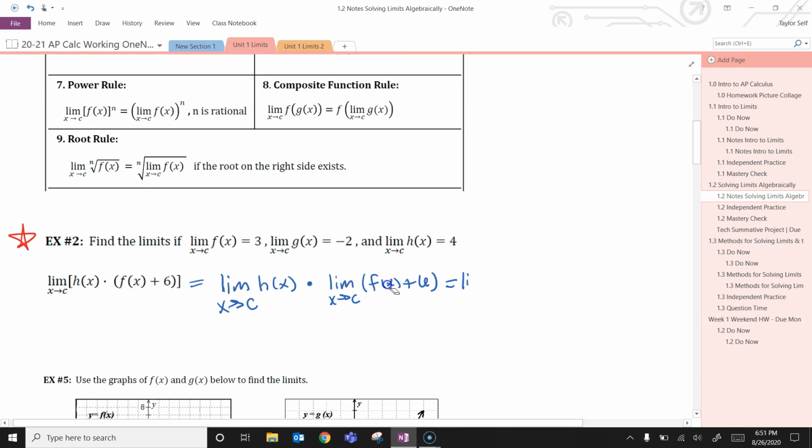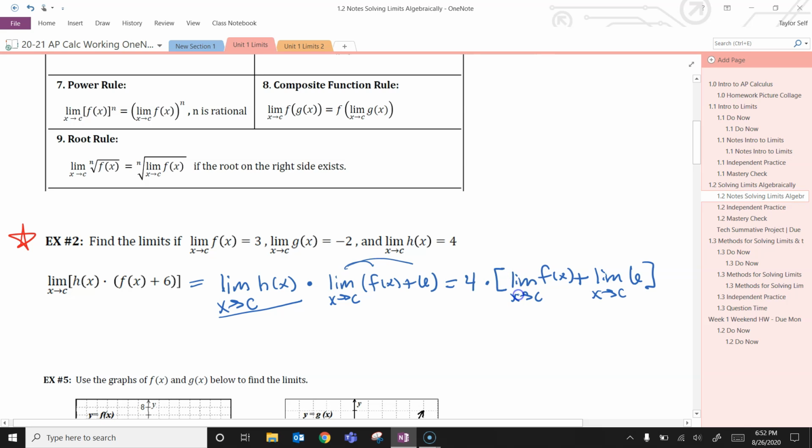What is the limit as x approaches c of h of x? They gave us that it is 4. So this thing turns into 4. So 4 times, and then we can think of it as distributing this limit in, the limit as x approaches c of f of x plus the limit as x approaches c of 6.